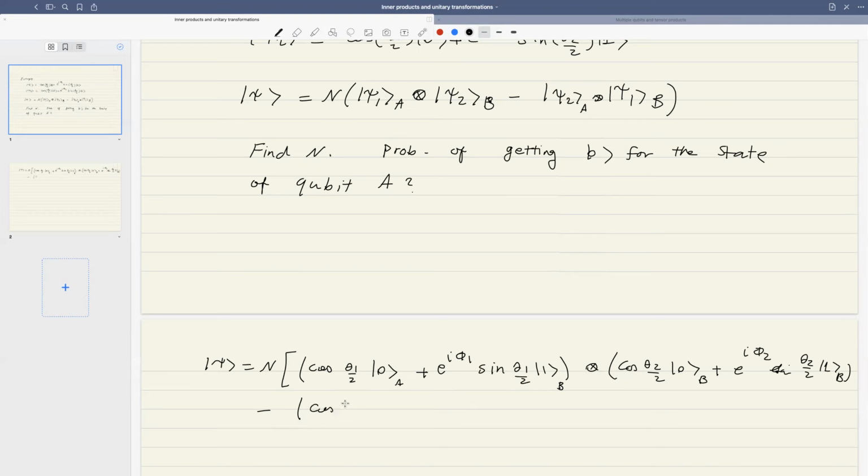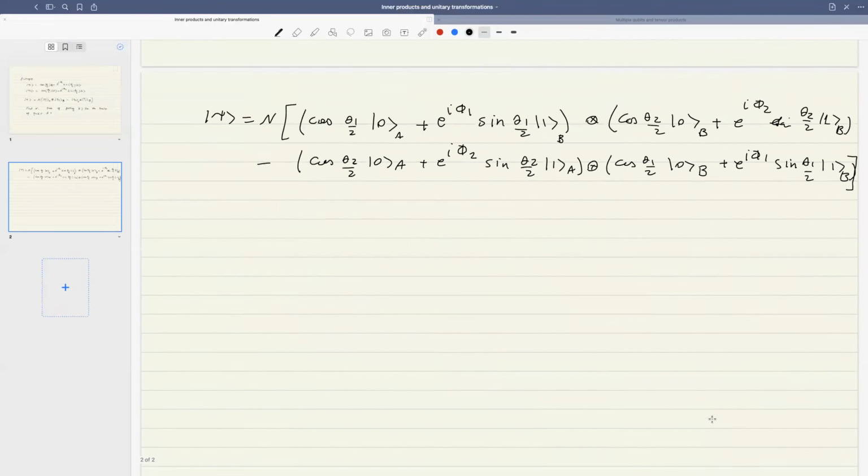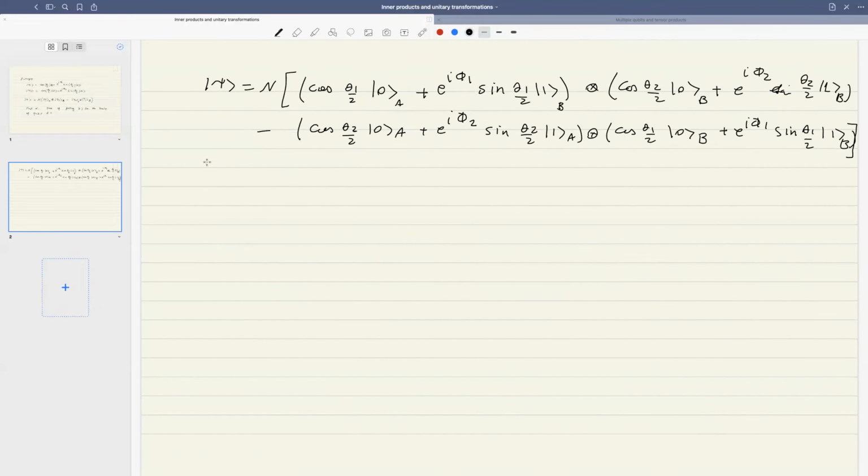So now I have cosine theta 2 over 2, 0 of A, plus e to the i phi 2 sine theta 2 over 2, 1 of A, tensor cosine theta 1 over 2, 0 of B, plus e to the i phi 1 sine theta 1 over 2, 1 of B. Okay, so now let's continue with this.